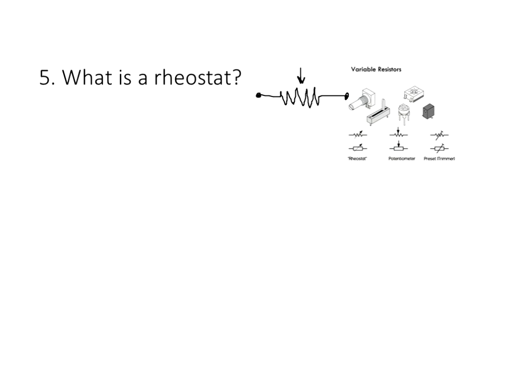And then you have a third terminal, which is typically in the middle, right here. This one is called the wiper, the one that you can move. If you move it one way, the wiper moves over this way, and it makes the resistance between here and here less, but between here and here more.